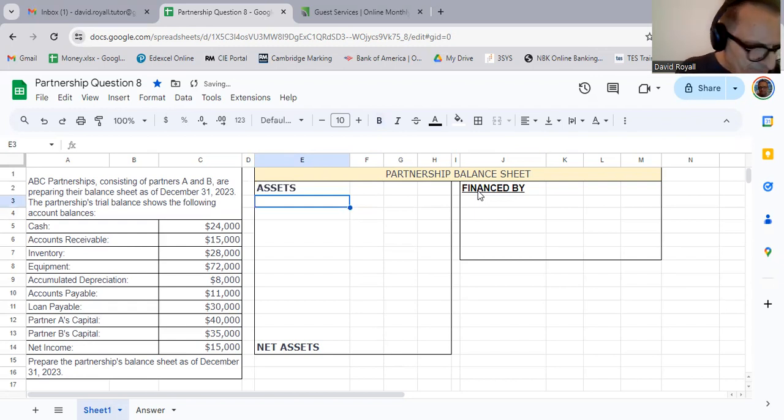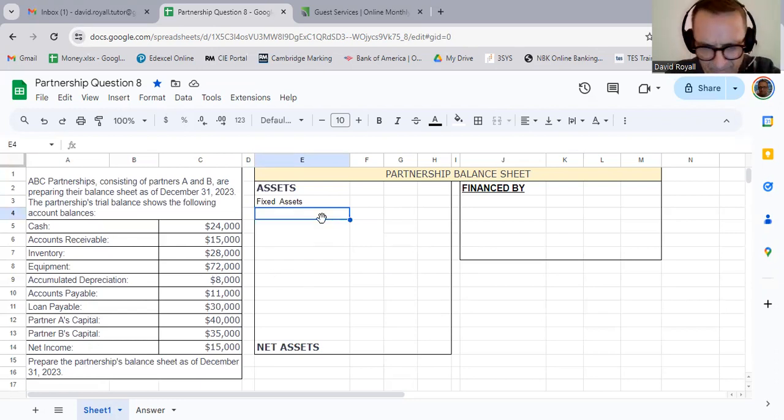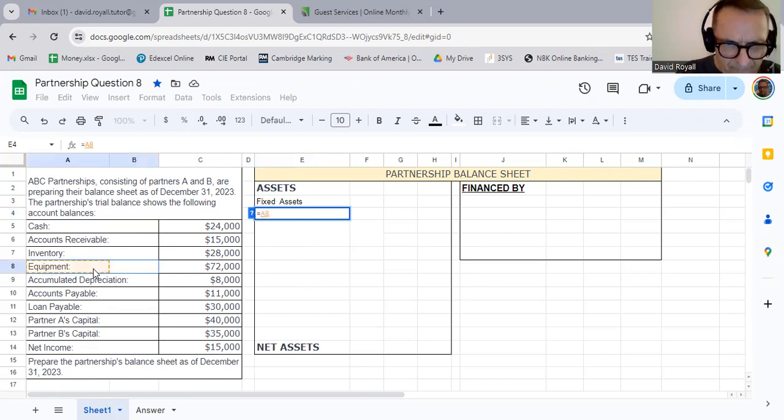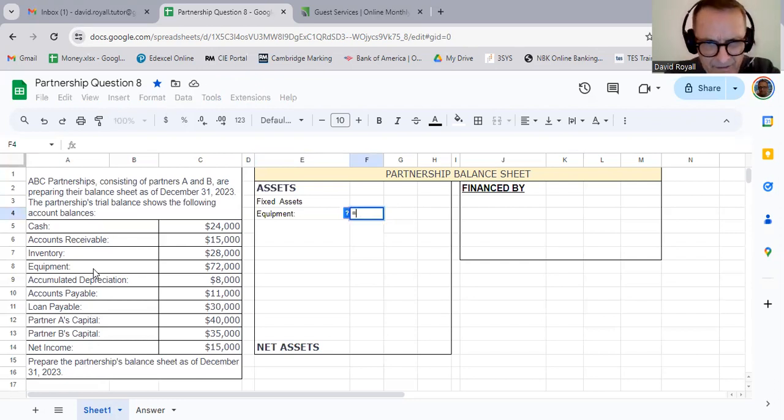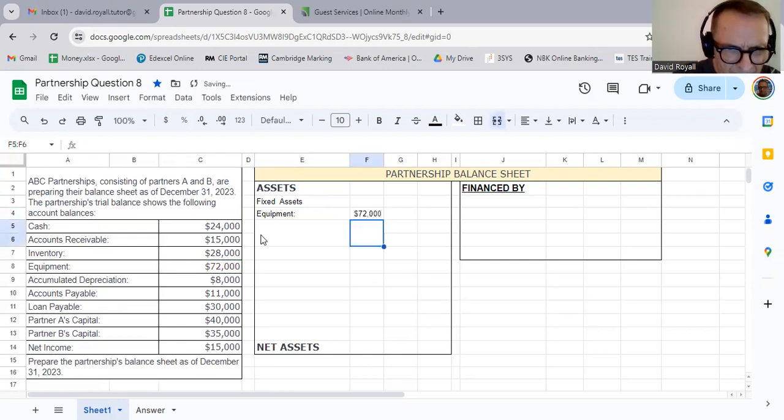So what do we have? Well, we start with our fixed assets. Right, well, looking across here, we've got the equipment. So there's our equipment, and that has a value of cost at 72.